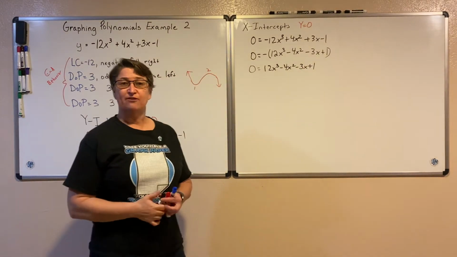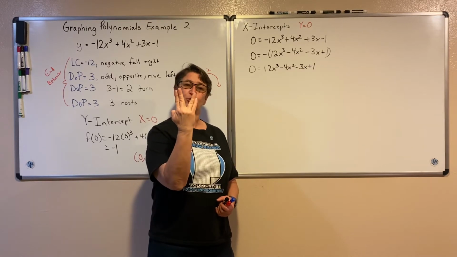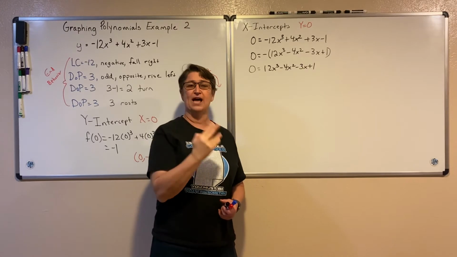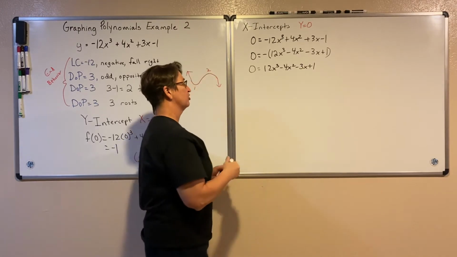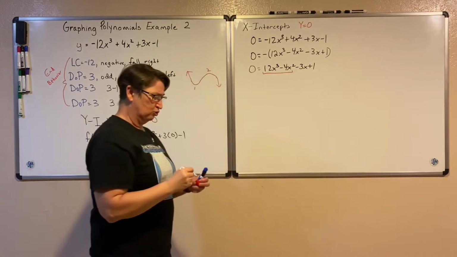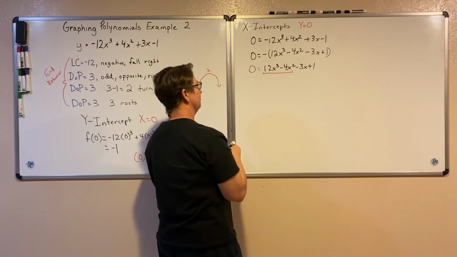Next, I'm still trying to factor. There are 4 terms here. When there are 4 terms, we attempt to group. So I'm going to look at the first 2, and I'm going to look at the last 2 terms. I'm going to group them, and find the common factor in those 2. So I'm going to ignore these 2 and just look for a common factor here.